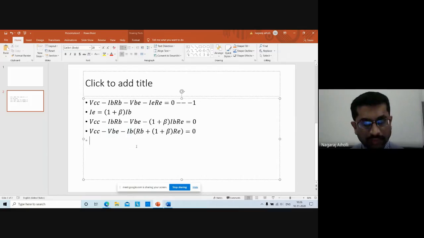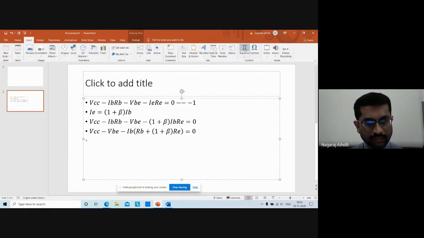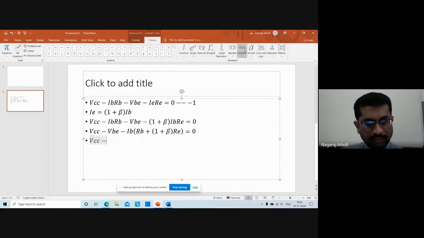Therefore, what we get here is VCC minus VBE is equal to IB into RB plus (1 plus beta) into RE.